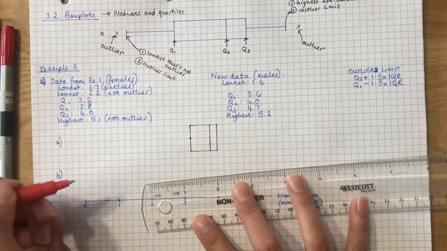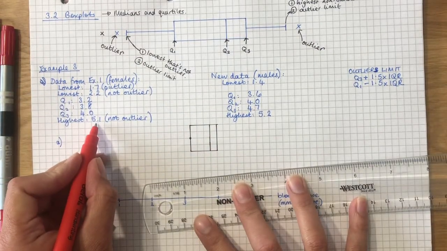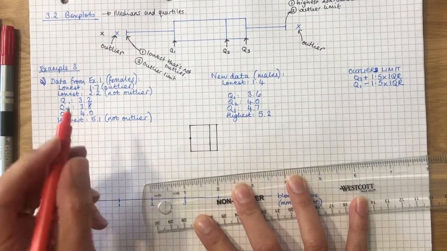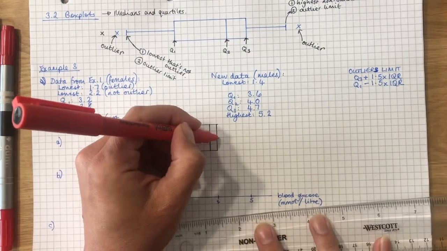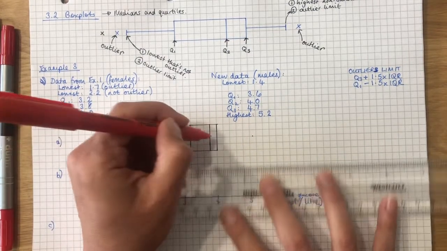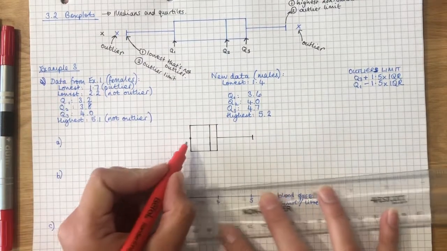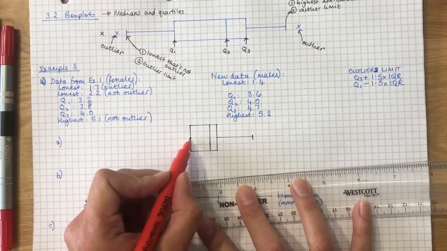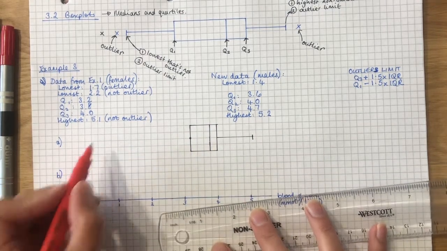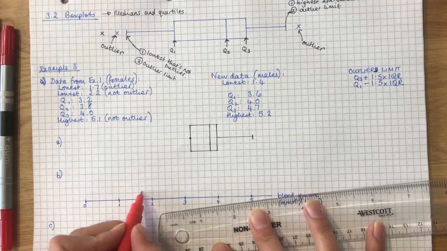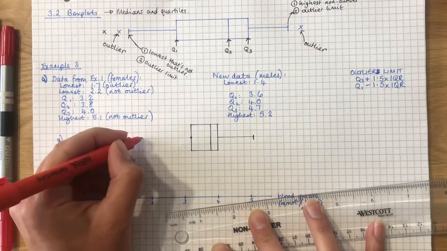We then draw our whiskers. At the upper end, the highest value that's not an outlier was the actual highest value with 5.1. So we're going to go up to here at the upper end. At the lower end, however, our 1.7, our lowest value, was an outlier. So 1.7 is there. Let's mark that with a cross.